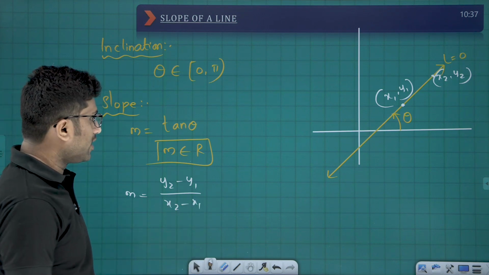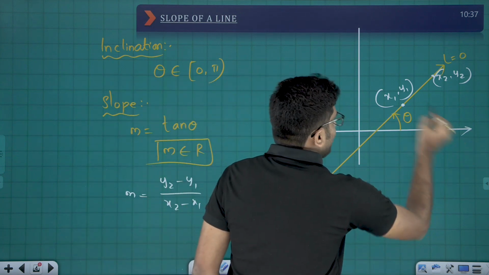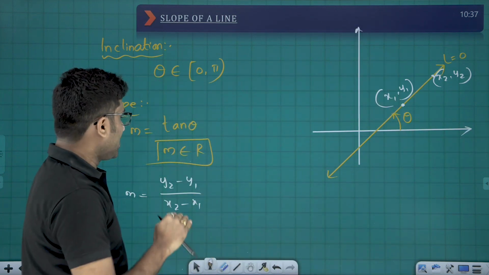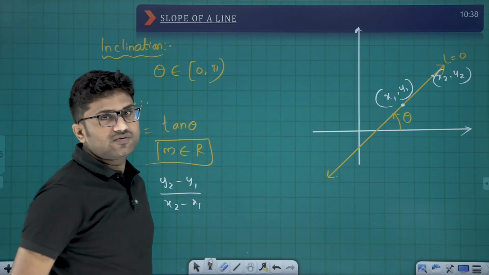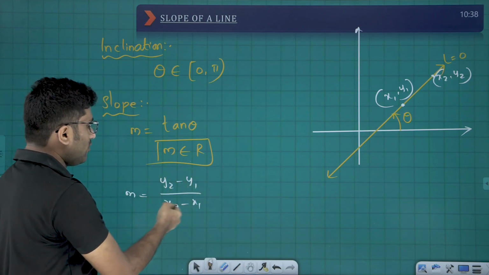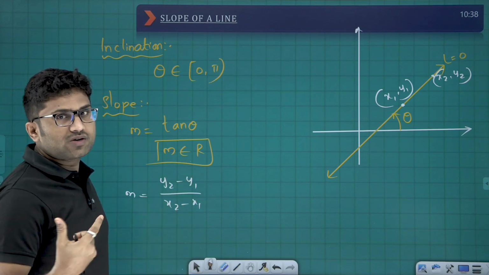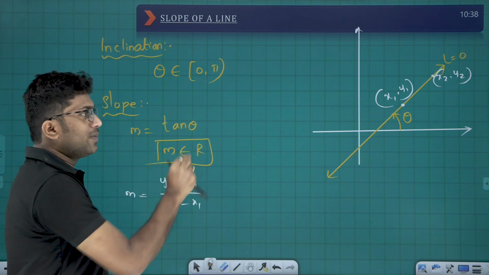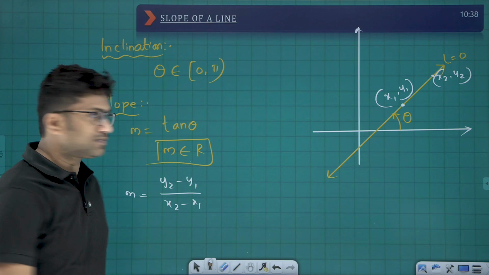So that is why we say slope of x-axis: if we consider any 2 points lying on x-axis, for them y coordinates will be 0. So 0 minus 0 divided by (x2 minus x1), that means 0 by something, which is 0. So m equals to 0 for all horizontal lines. So for all horizontal lines, slope is 0, and for all vertical lines, slope is not defined.